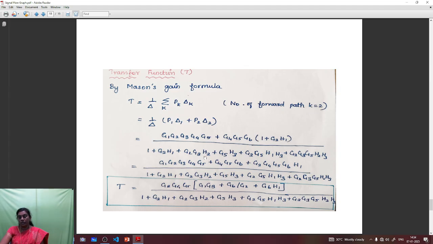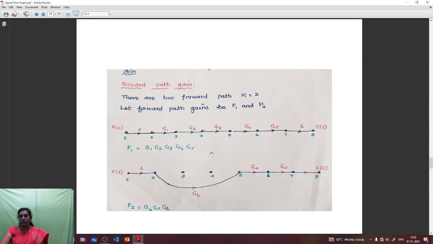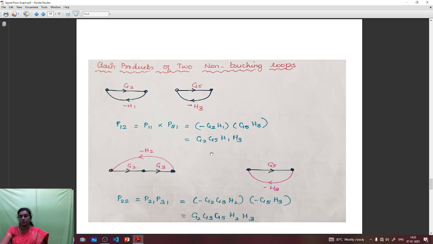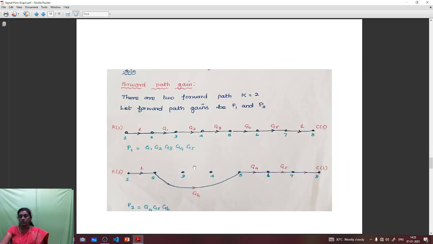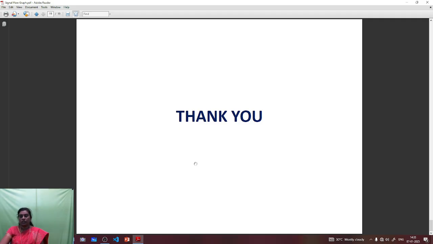If we represent a system in a signal flow graph, it is very easy for us to find the transfer function by using Mason's gain formula. So this is applicable for complex control systems also. I have explained one of the complex control systems. Similarly, we can adopt this methodology for other systems also. Okay, thank you.